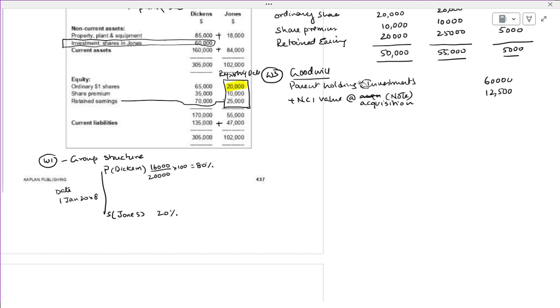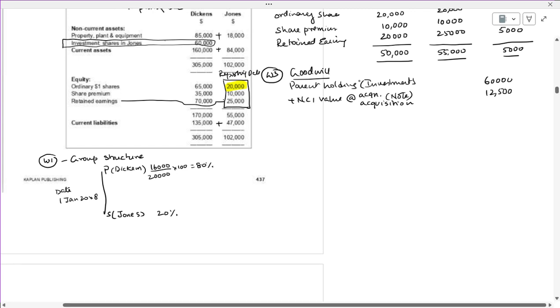Usually you will come across it in all cases, so you can write ACQN for acquisition. After some time you will automatically write it. Are you clear about this? How much is there? 72,500.